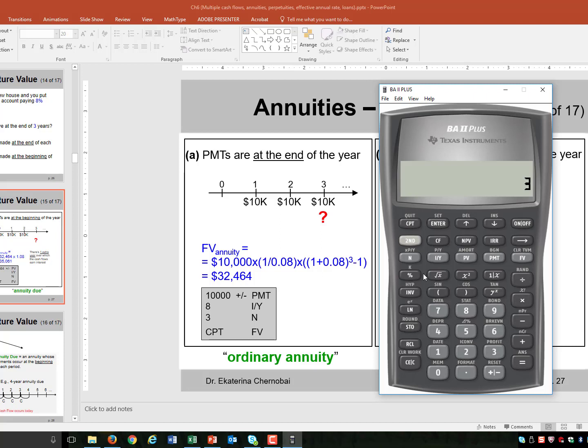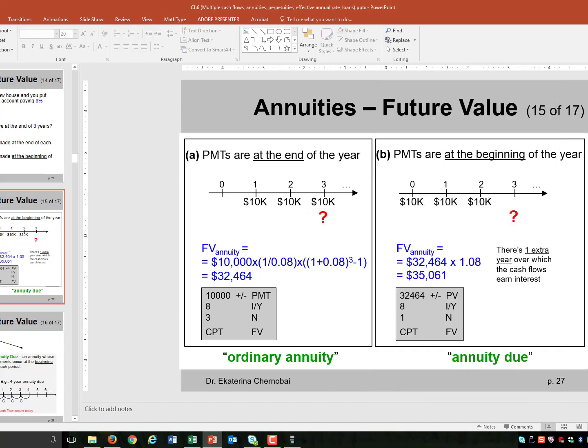So I press 3N. And the interest rate is 8%. I press 8 IY. And I'm going to compute future value. $32,464 even. Right? This is the same calculations we were doing in all previous problems.